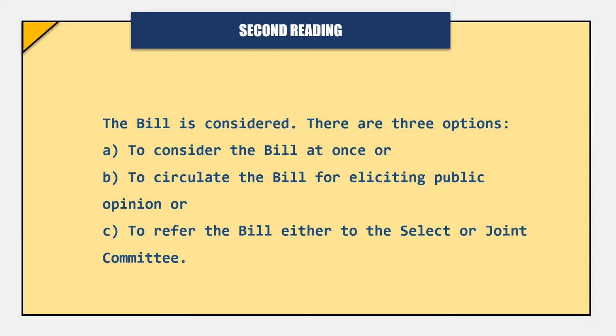The amendments can be moved and voted. The discussed and revised bill is then put to vote, and if it secures majority vote of the members present and voting, the bill moves for third reading.